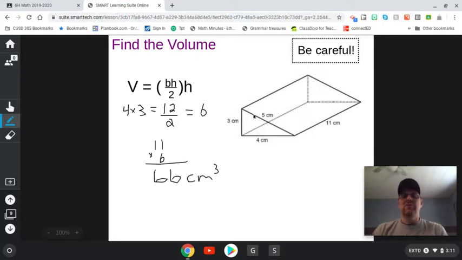Okay, so don't be fooled. Don't use the third number of the base. So it's the base times the height, and those two are going to make a right angle with each other. To figure out which one you're going to use, it's got to make a right angle to be used for the base and the height.